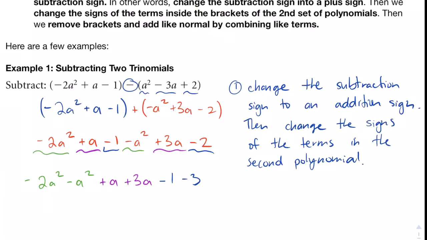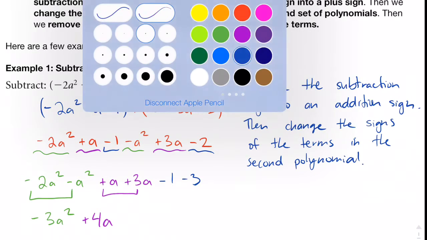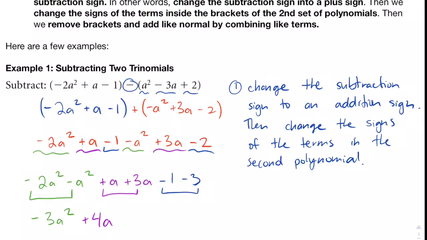All we need to do is add the coefficients. So we have negative 2 here and a negative 1 there, which becomes negative 3a squared. Plus 1 plus 3 is plus 4a. And minus 1 minus 3 is minus 4.